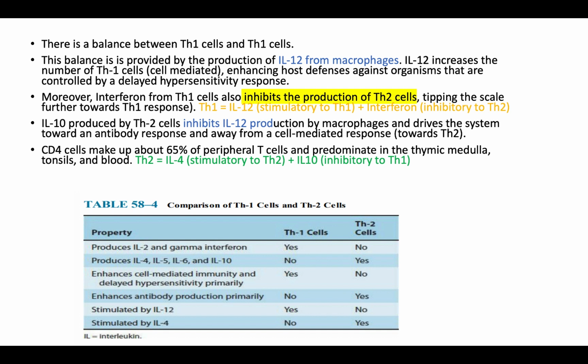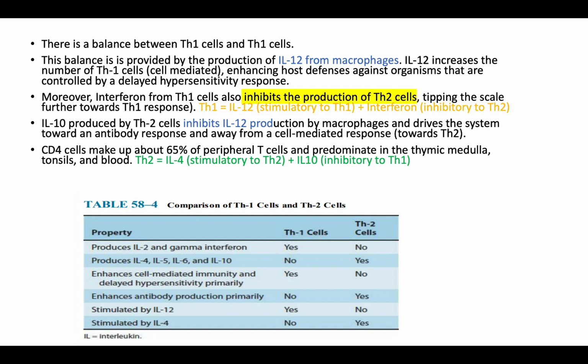Now, conversely, for the cells on the other side, the TH2 response, we know the stimulatory signal is interleukin 4. It tries to inhibit the other side. Interleukin 10 is a well documented inhibitory interleukin, and it tries to inhibit the TH1 response. So that's a very important mechanism to see in the balance between the two.